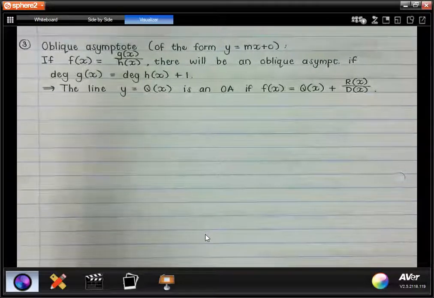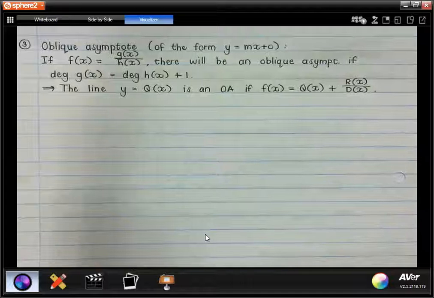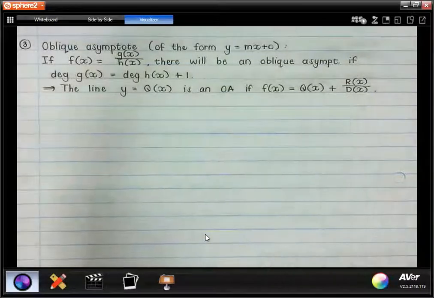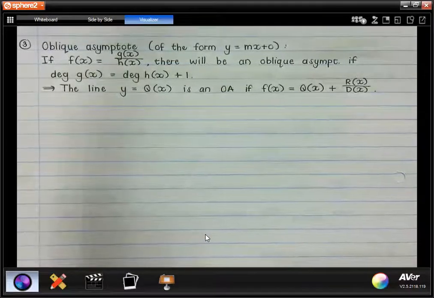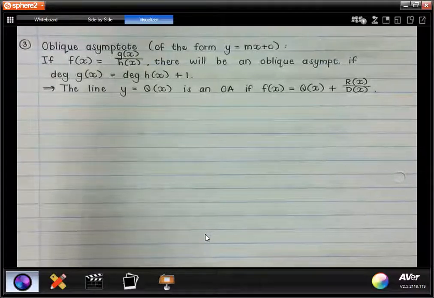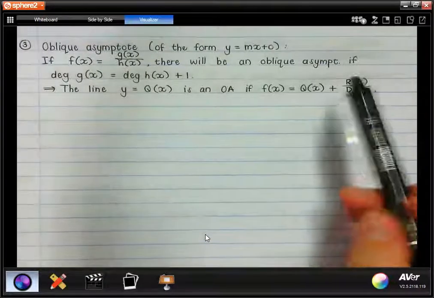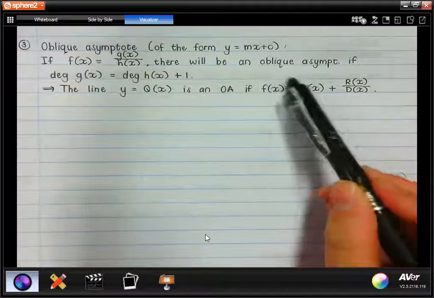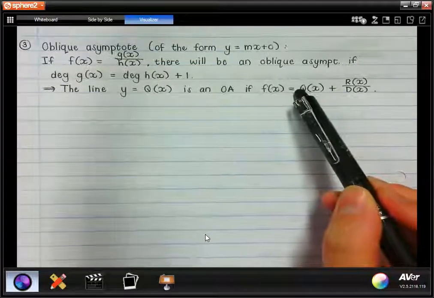Now guys, you can see that there are different combinations of what you can do here. If you're getting your function right from the start and writing it in this form, then you would be able to see all of your asymptotes from that form. Whatever your qx is, if it's just a number, that's your horizontal asymptote.